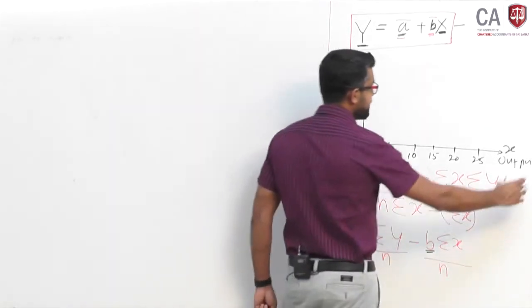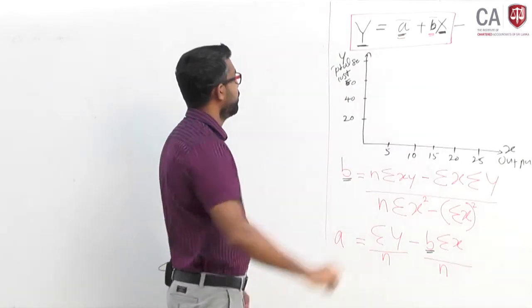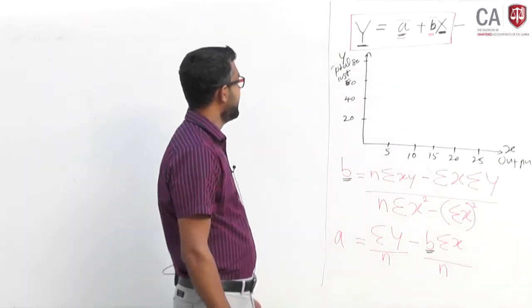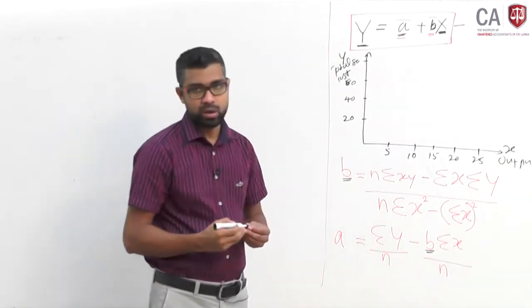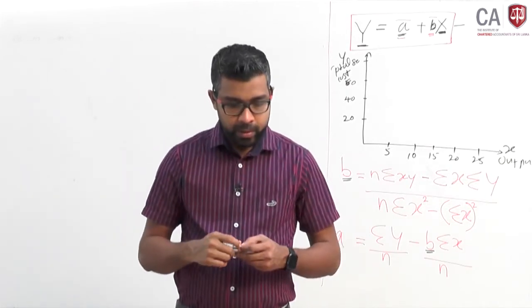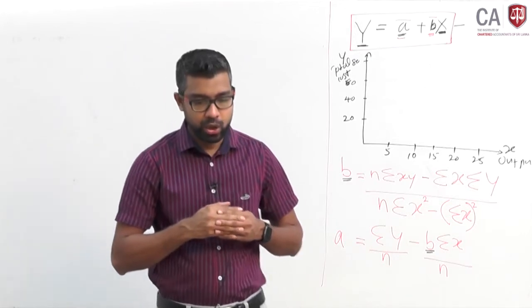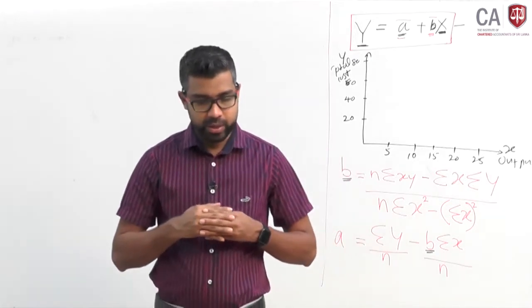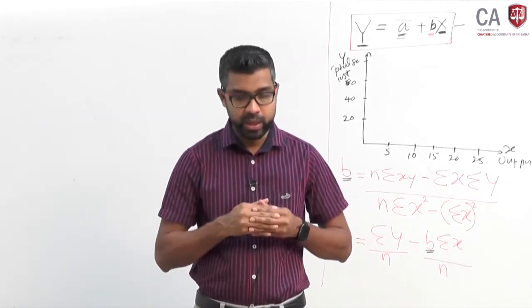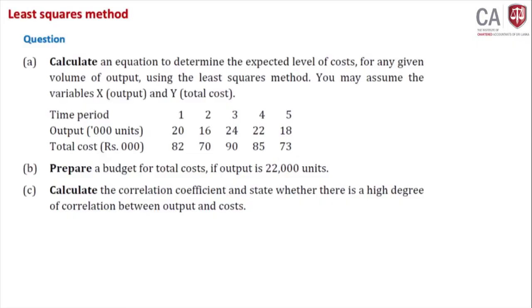So X is the output. We have to take Y as what? Total cost. Prepare budget for total cost. If now they are asking, the first question is what? Calculate equation to determine expected level of cost for any given volume of output.